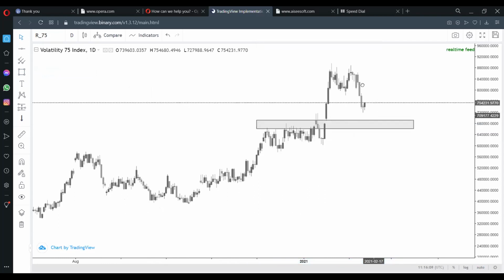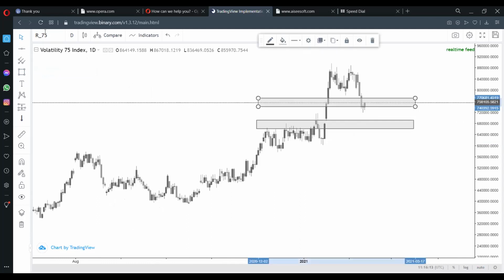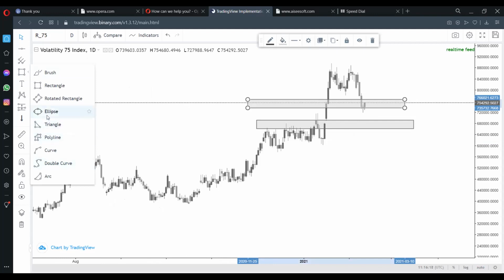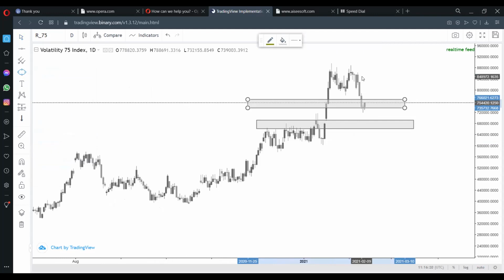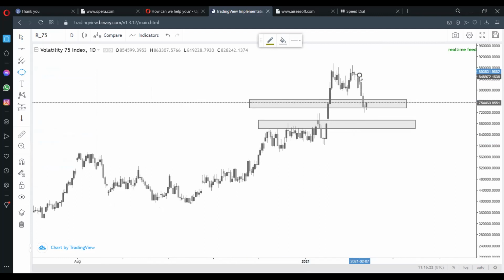I took a sell trade here, around this area.